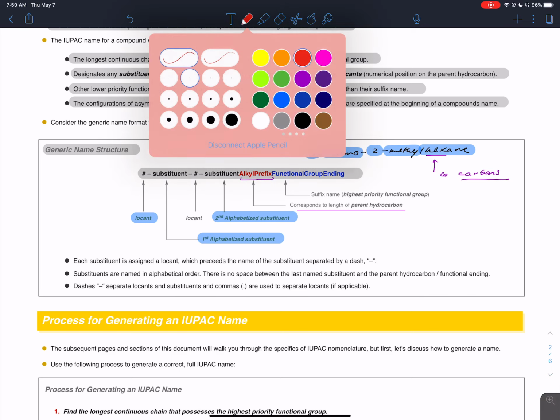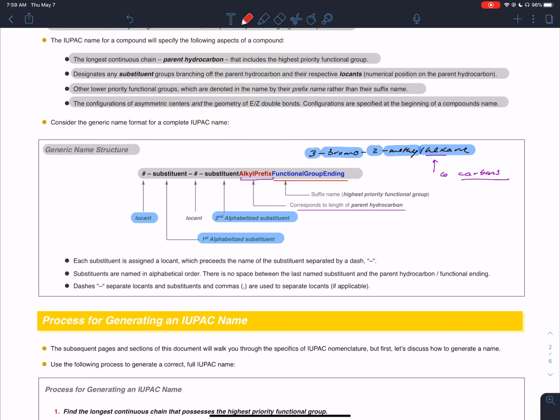And then this last component, the functional group ending, for our particular example here, is going to be ane. A-N-E essentially signifies that the highest priority functional group is an alkane in the molecule. And again, in another video, we're going to be going over prefix versus suffix names for different functional groups. Okay? So that's just one example here.